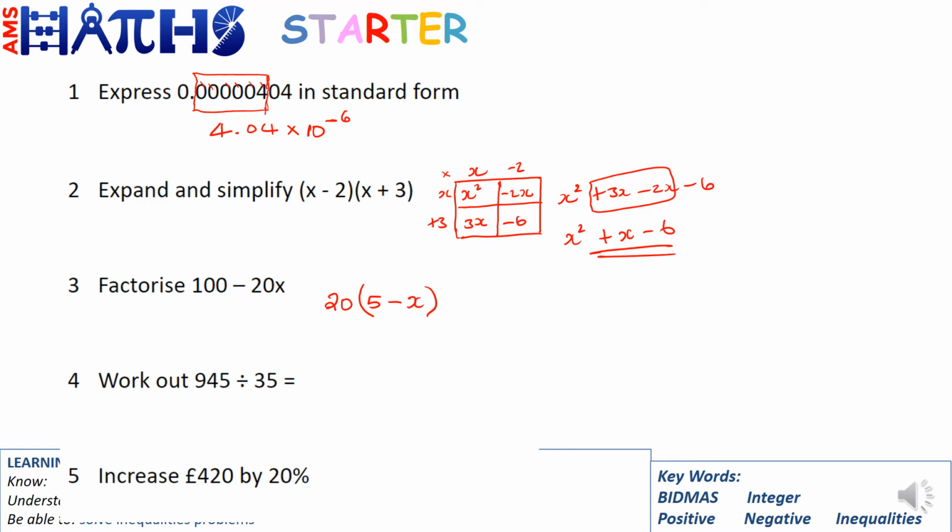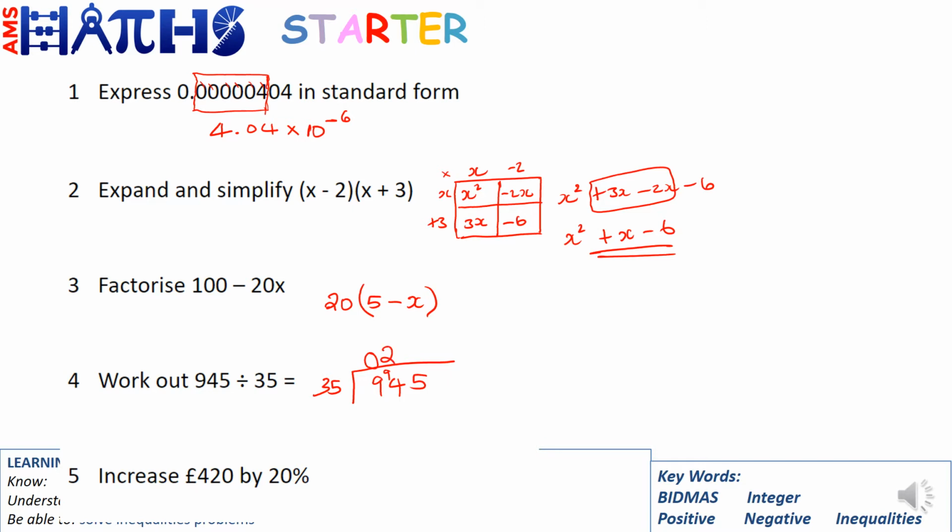All right. Then we need to work out 945 divided by 35. So we're going to do a bus stop, 35 there, 945. How many 35s in 9? 0. So we carry the 9. How many 35s are in 94? That's 2.